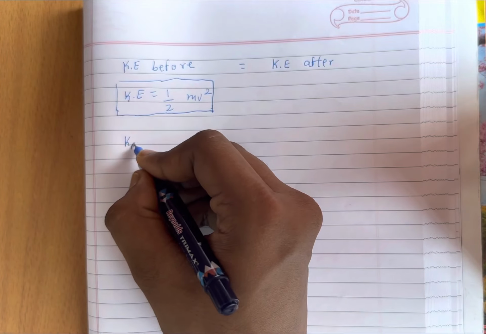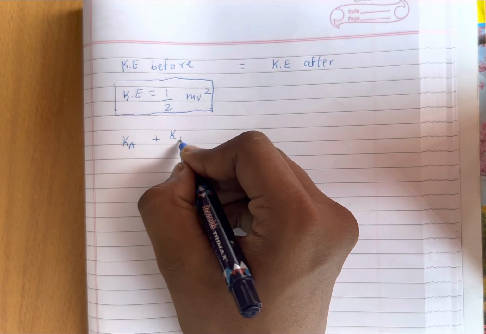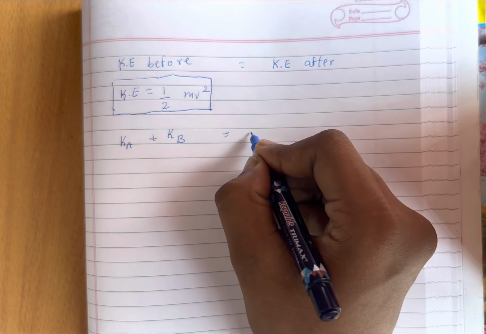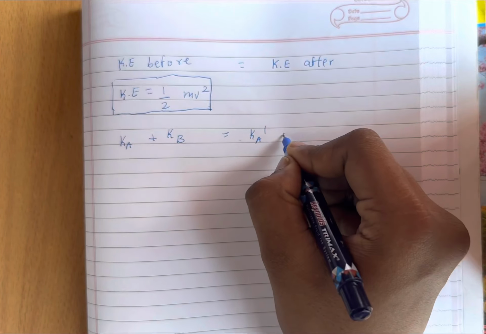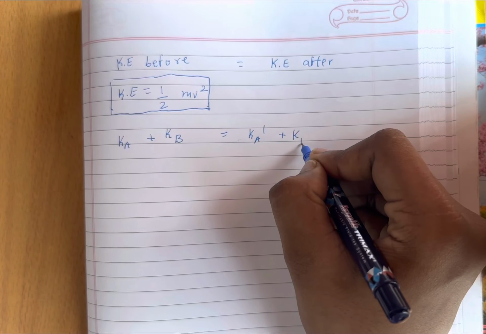So it will become Ka plus Kb equal to Ka dash plus Kb dash.